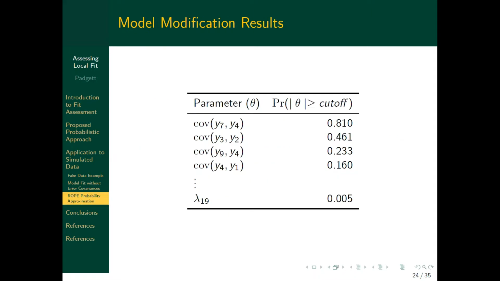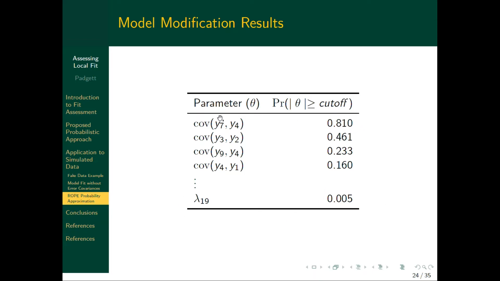And so what we get is the list over here of all the parameters that could possibly be non-zero, and we want to know the probability that each parameter is greater than either 0.25 for a covariance or correlation, or 0.3 if it is a factor loading.